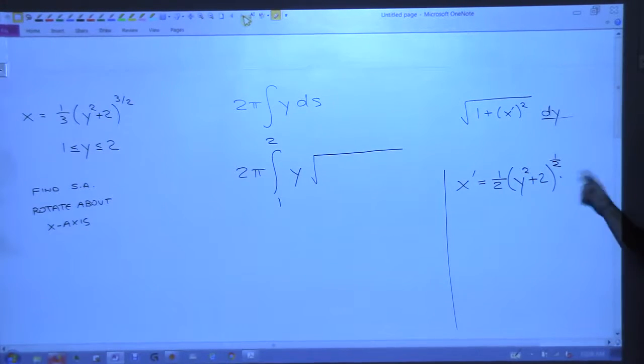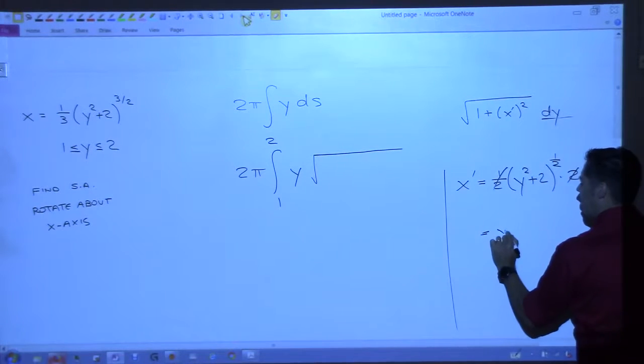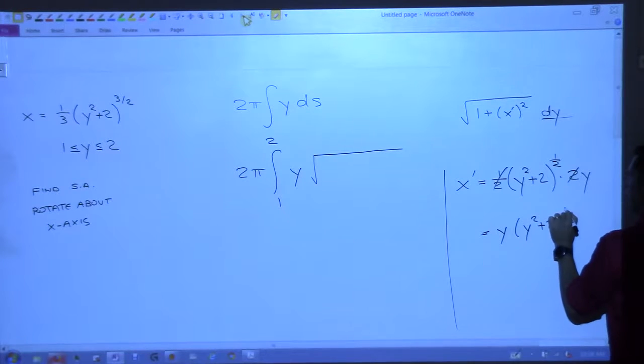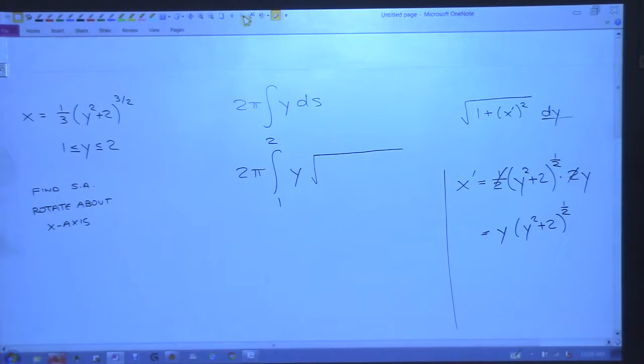Times derivative of what's inside? 2y. Making sense? Good things are happening. 2 gone. So this is just y times y squared plus 2 to the half. That's x prime. I just brought this y out front.